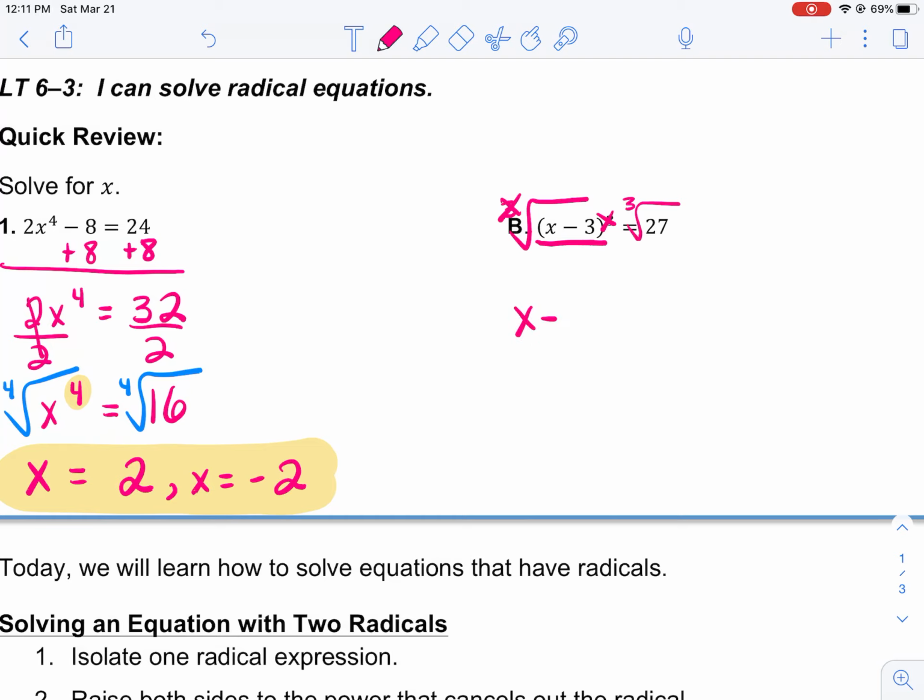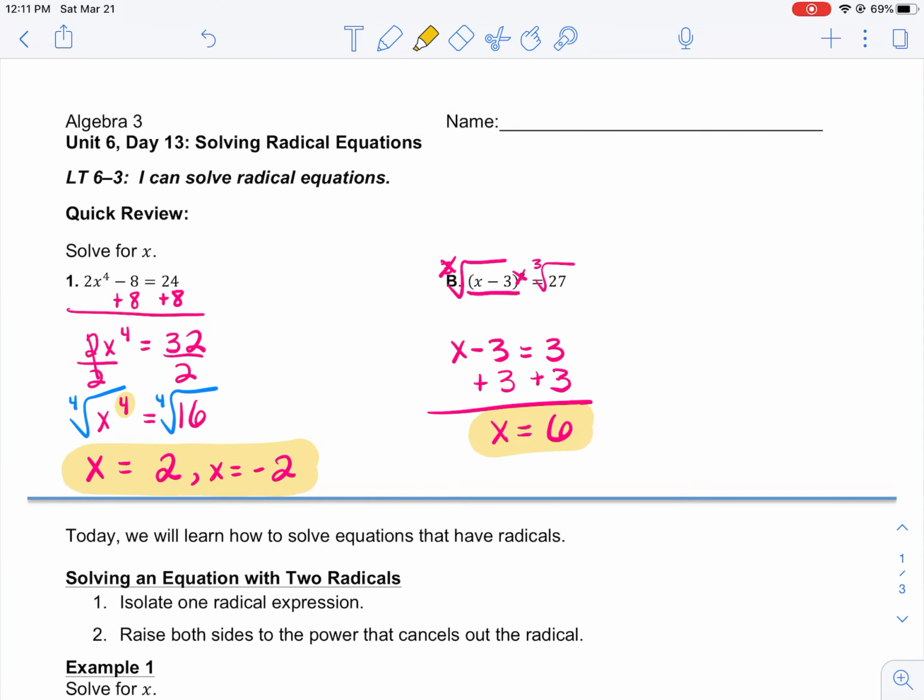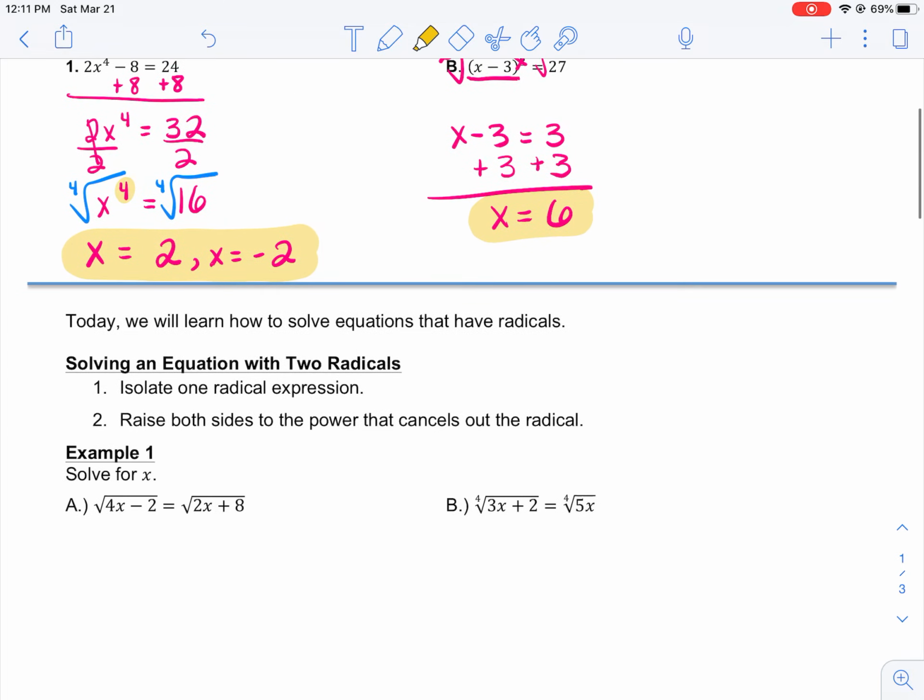So we end up with x minus 3 equals 3, since the cube root of 27 is 3. Then we add 3 to both sides, and we get x equals 6. Notice I did not use a plus or minus sign that time because 3 is an odd root. 3 cubed is 27, but negative 3 cubed equals negative 27. So whenever you're solving by an even root, you get 2 answers. If you're solving by an odd root, you just get 1.